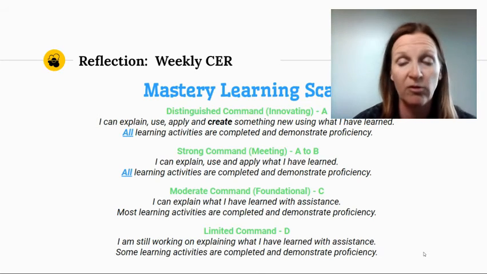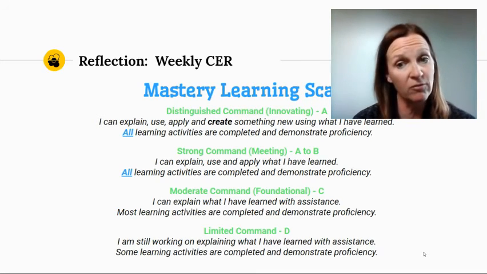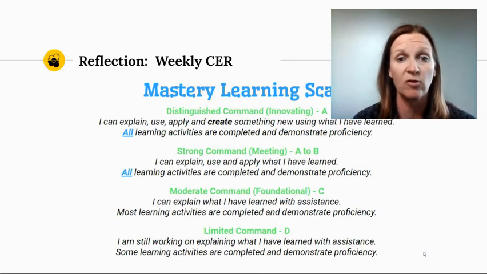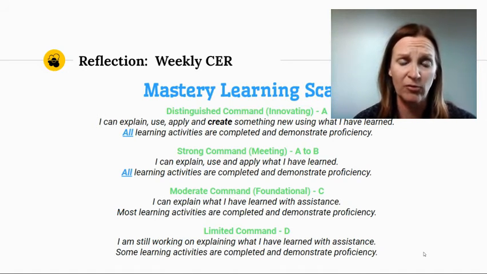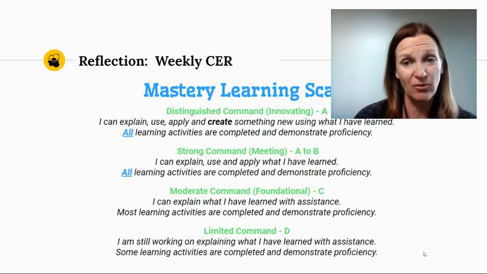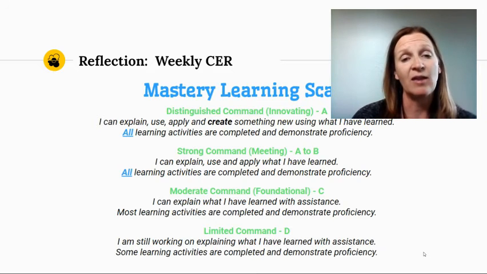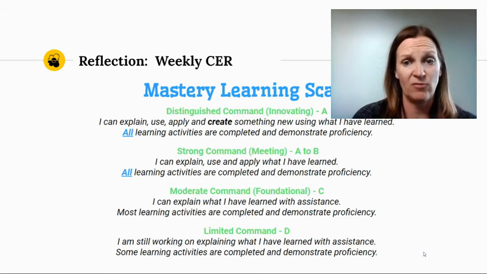As a middle school, Casey has decided that we will, as teachers, provide letter grades for students in Infinite Campus this year. And so I have kind of merged mastery learning with the idea of a letter grade. Every week, the students will evaluate their learning from the week before and determine where they fall on this mastery learning scale.